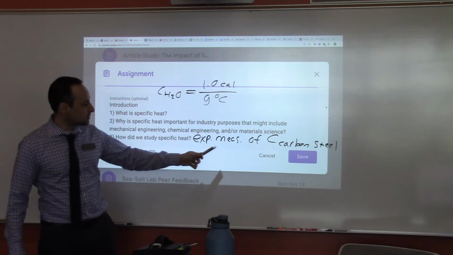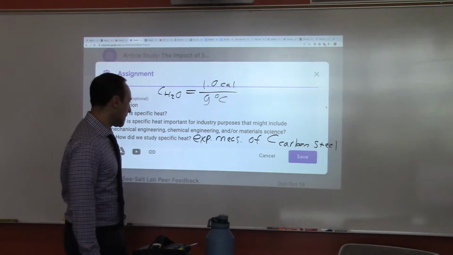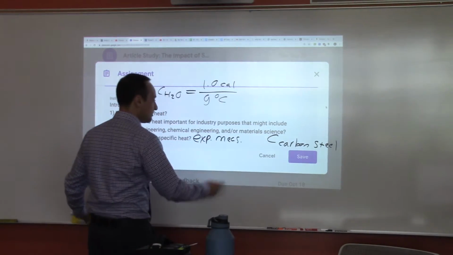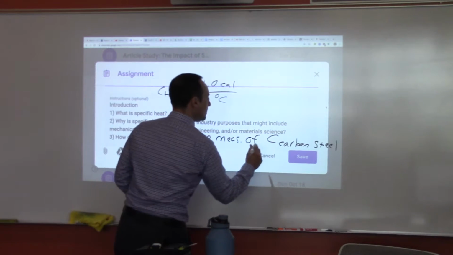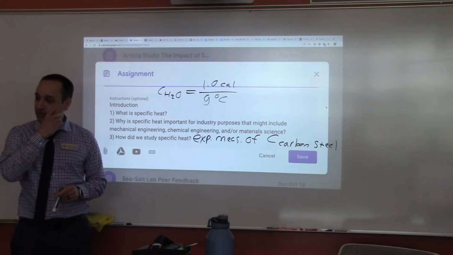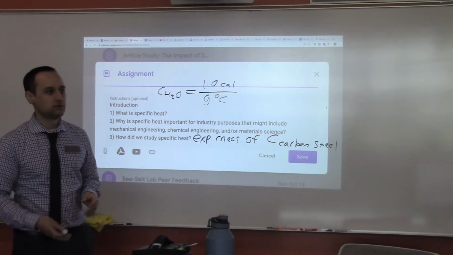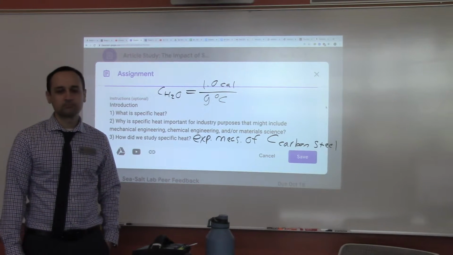So we experimentally measured the specific heat of carbon steel, okay? That was our method for studying specific heat.